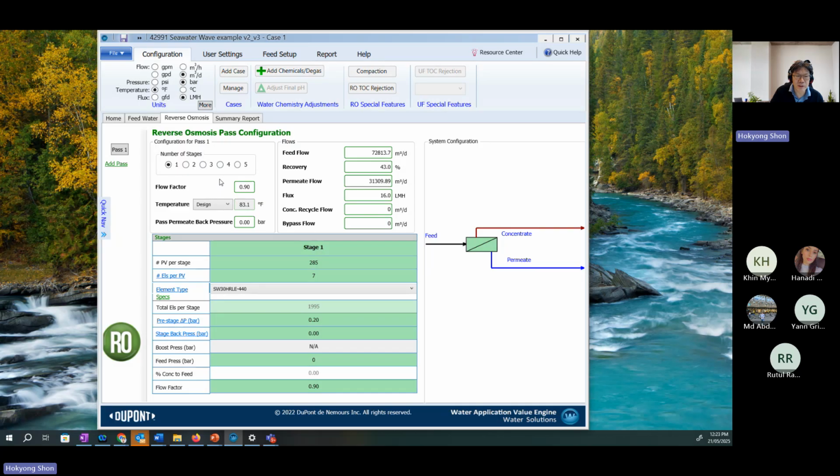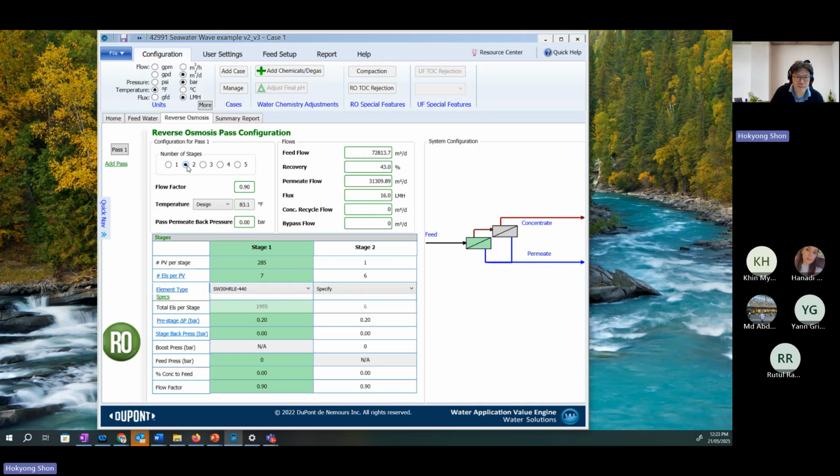So two stages are ideal for your assignment. I like to have two stages here, and then two passes as well, to remove some of the boron concentration. So I prefer you to design for two stages, two passes.